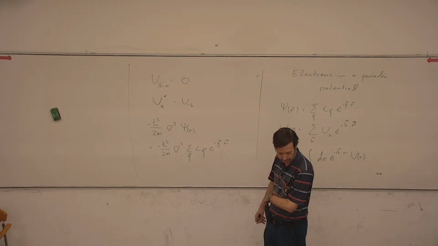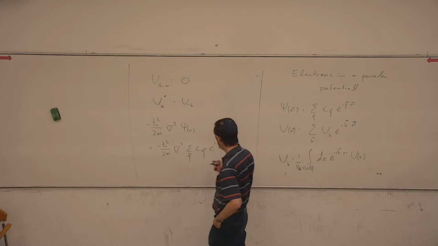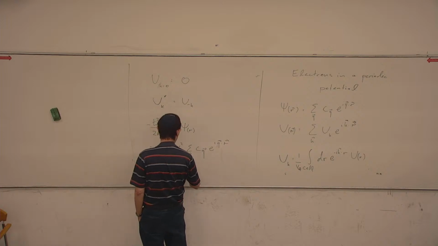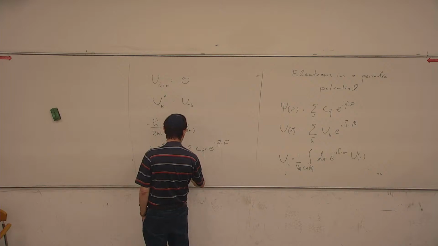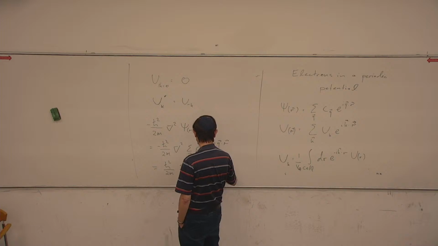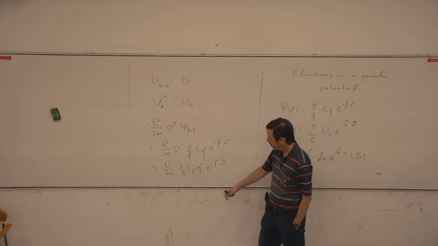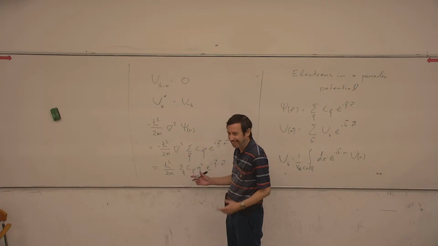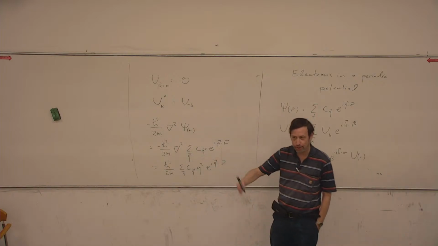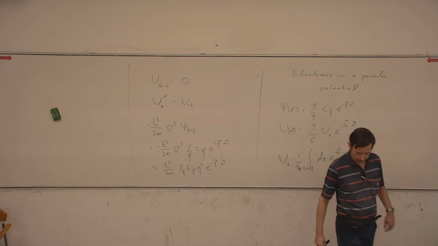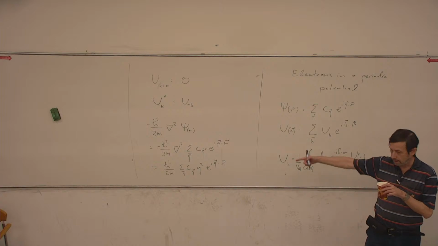So what do I get? It's like Fourier transforming the Poisson equation, like Fourier transforming any equation that has a del square somewhere in it. It could be the diffusion equation, it could be the Poisson equation, it could be anything. The minus became plus because of the i squared.